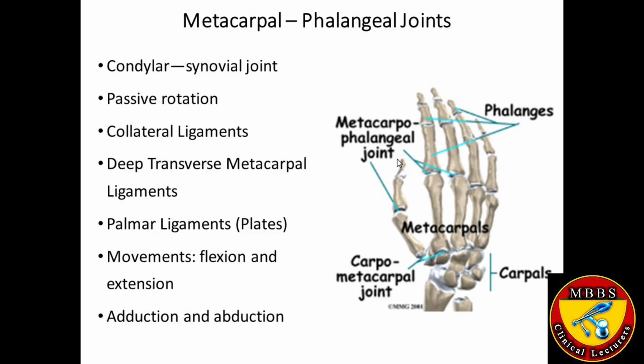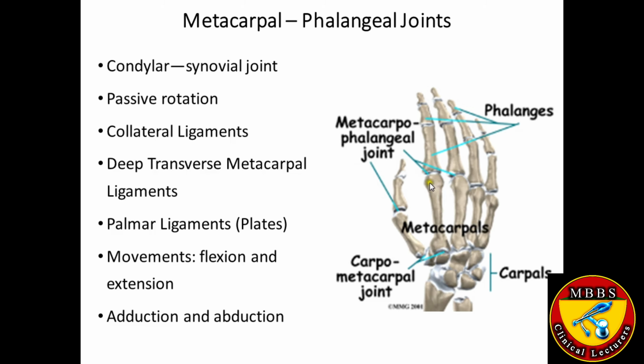Metacarpophalangeal joint. The metacarpophalangeal joint, as the name indicates, these are the metacarpals, these are the phalanges. The joint which forms between the metacarpal and phalanges over here is known as the metacarpophalangeal joint. Passive rotatory movement occurs.